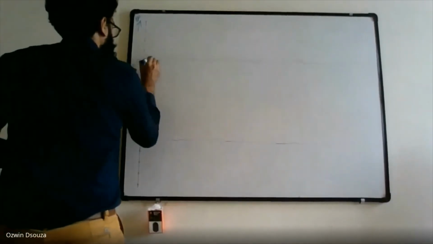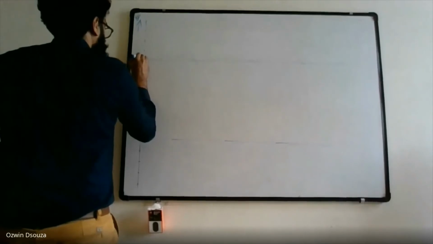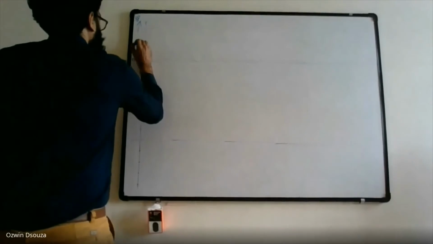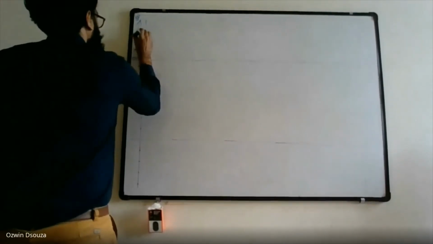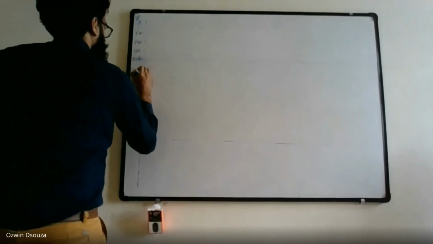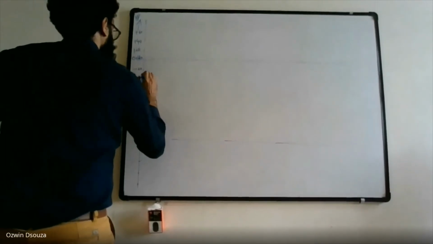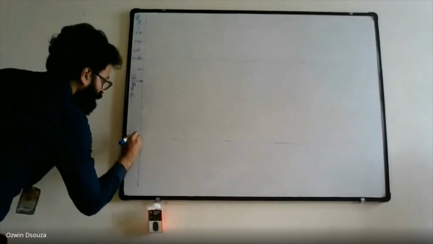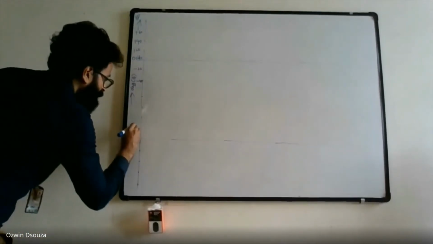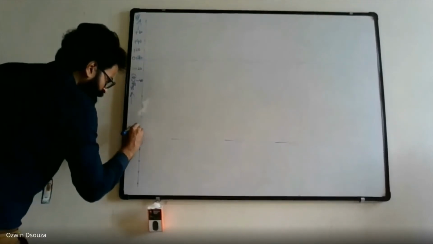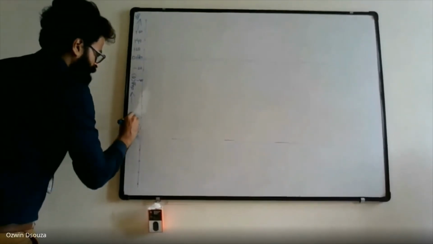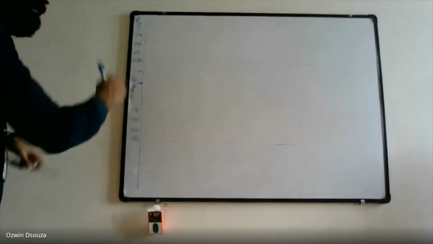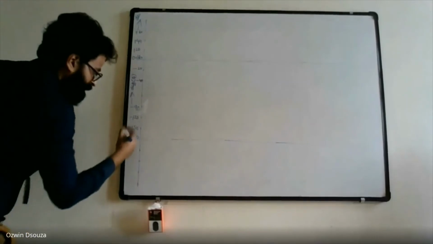So this is your 0 degree line. This is plus 20, plus 40, plus 60, minus 20, minus 40. This is minus 180, minus 150, minus 120, minus 90. Angles are increasing, it is in the increasing sense.